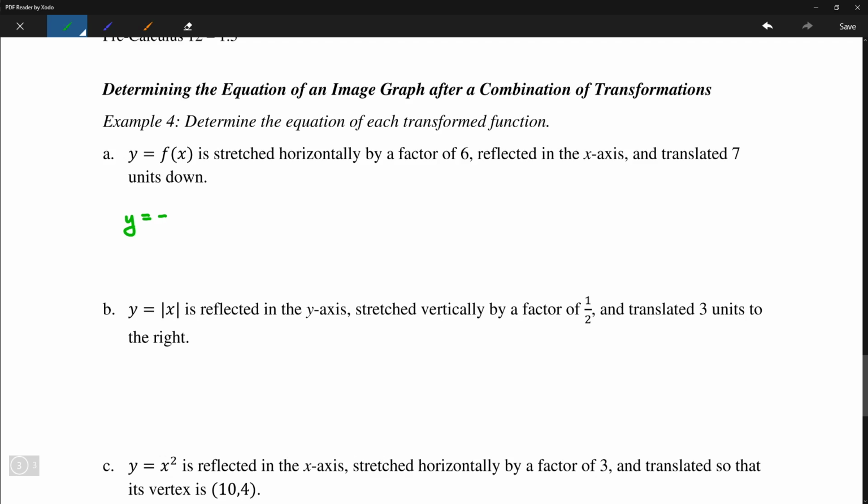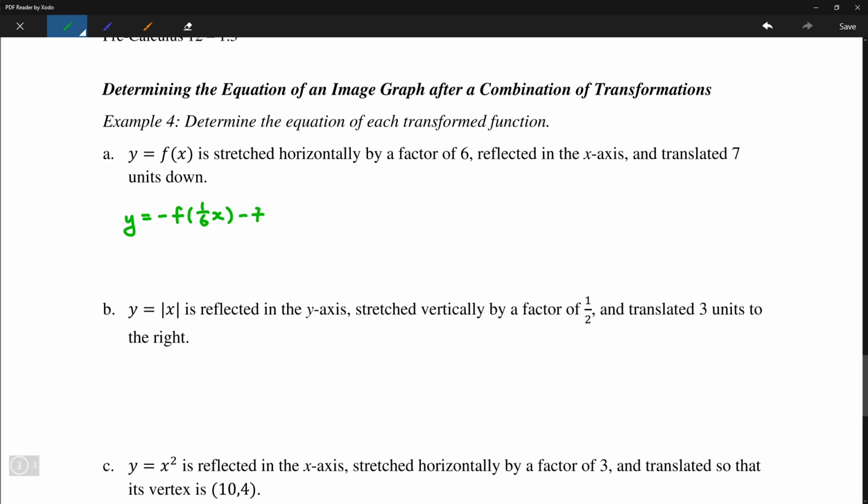So we're going to have negative f of x because of the reflection. The x will be replaced by 1 over 6x because of the horizontal stretch, and 7 units down, so minus 7. So that will be the result.